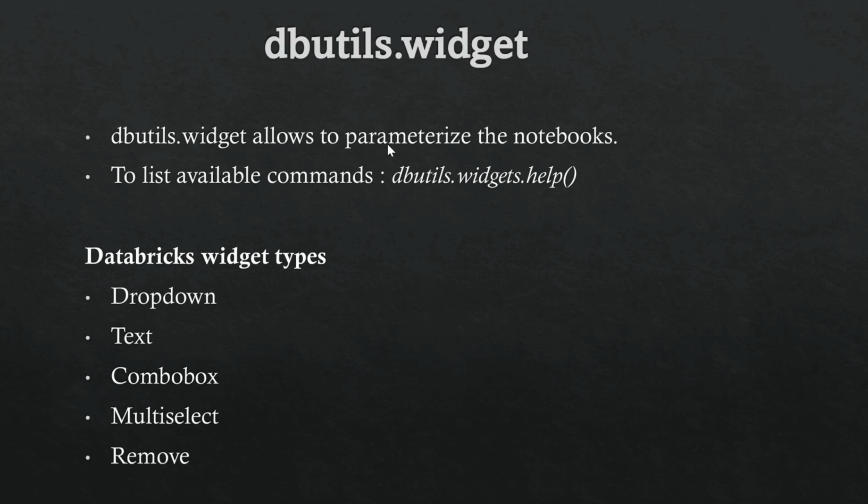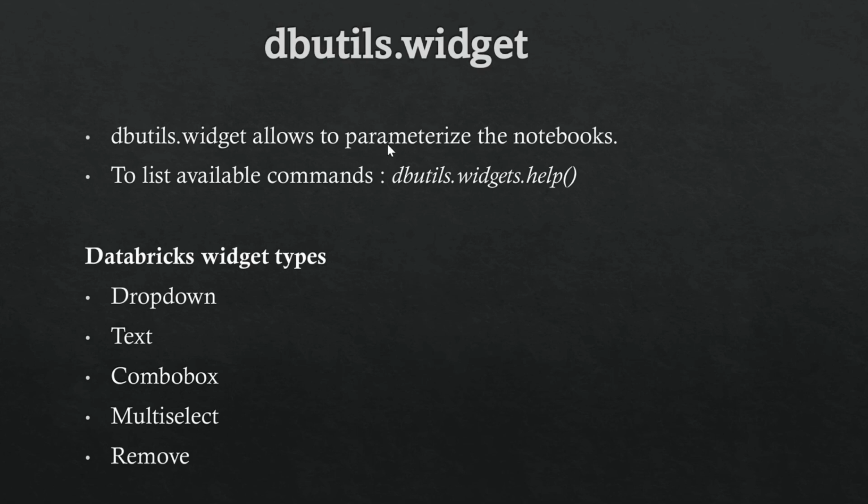There are some types of widgets. Some commonly used dbutils widgets are: you can create a dropdown in which you can put multiple values and select from that dropdown list, or you can simply create a text widget in which you can write your own text. You can also create a combo box, which helps you create a dropdown as well as write your own text, so it's a functionality that combines both, dropdown plus text.